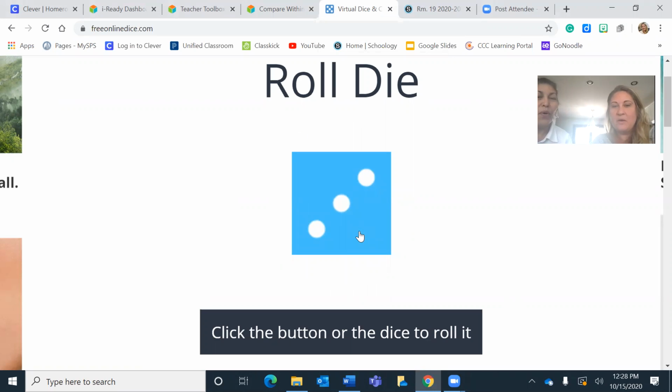Let's count. 1, 2, 3. So if I rolled 5 and Miss Diaz rolled 3, we can count and see who has more. If I have 1, 2, 3, 4, 5, Miss Diaz only has 1, 2, 3. I have more. I have the greater amount.